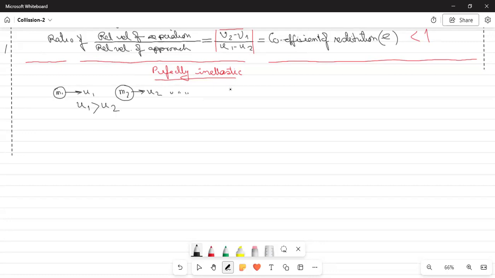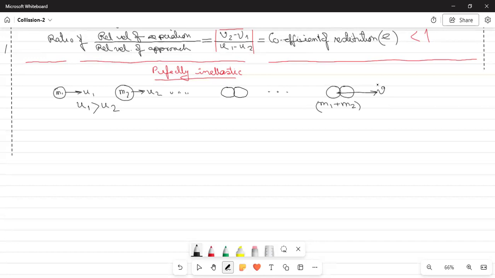And after some time, they collide, and there may be some kind of a deformation or no deformation, and then they stick to each other. And the total mass becomes M1 plus M2.